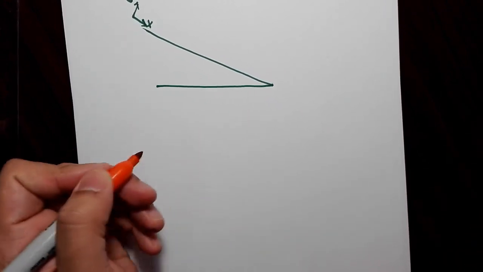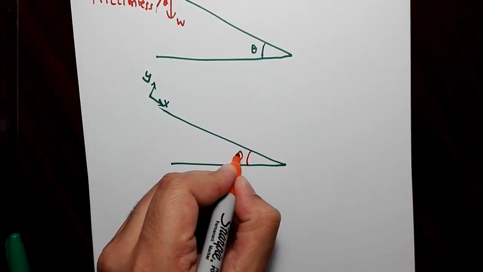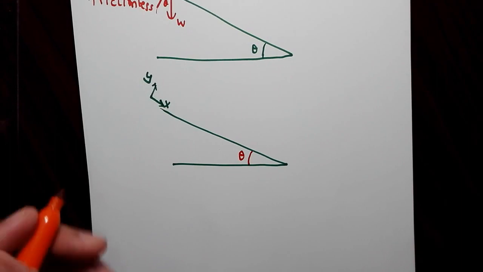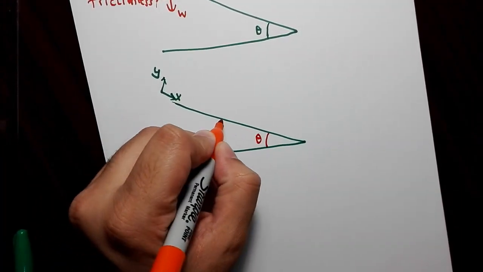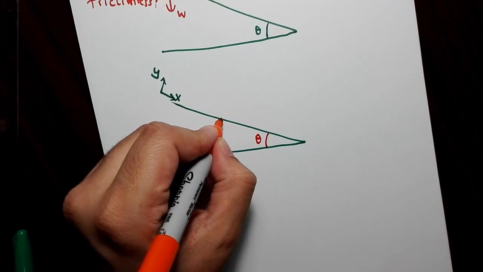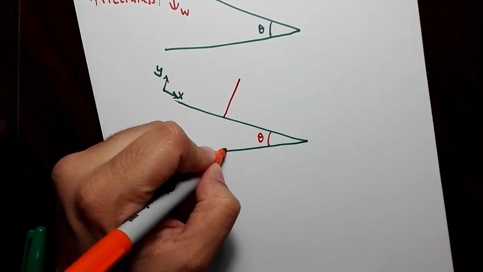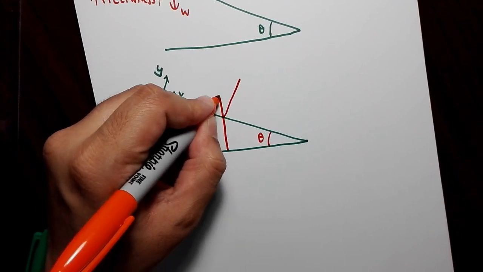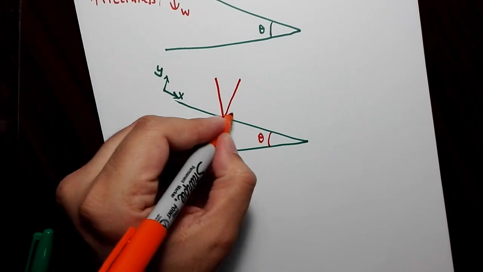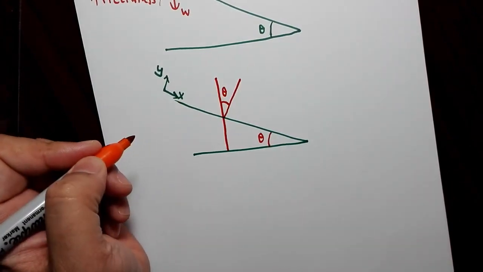The idea, from geometry, is that if two lines make an angle theta, and you draw a perpendicular to this line and a perpendicular to the other line, which is the ground in this case, these two perpendicular lines will also make an angle theta with each other.